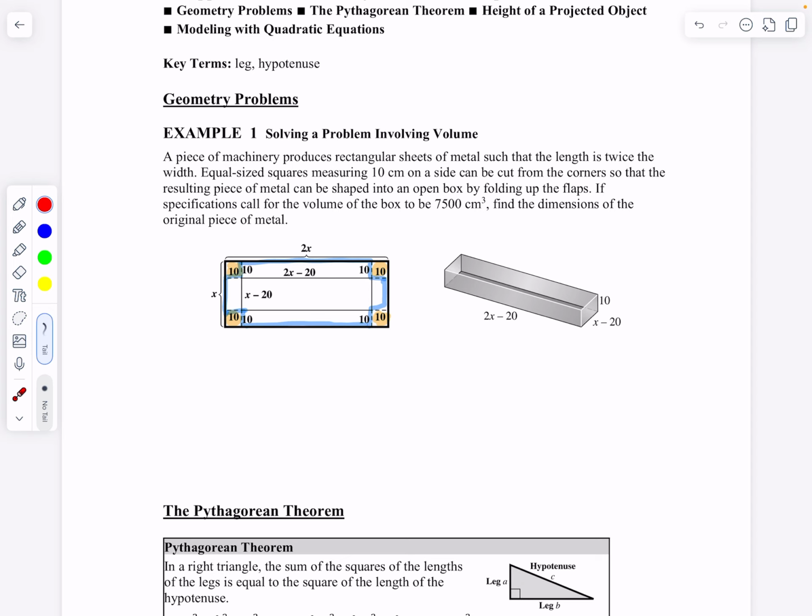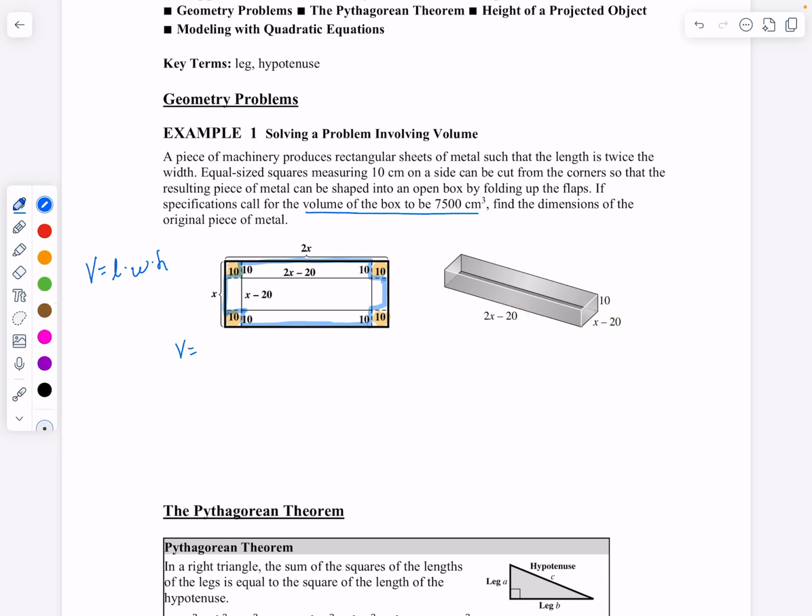They told us that the volume of the box is 7,500 centimeters cubed. If you remember, volume is just your length times your width times your height. So we're going to multiply the length times the width times the height to get our volume.